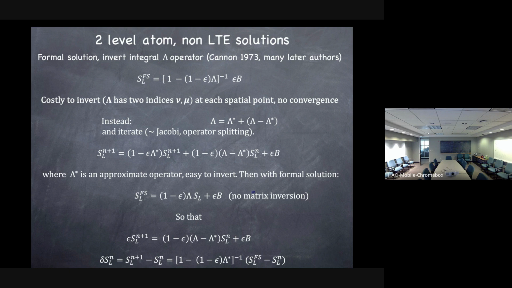Now, the problem is that this is costly to invert, as well as being non-convergent quickly, and maybe not even converging, but looking like it has. Say you have 50 depth points in your atmosphere, 3 angles, and 50 wavelengths.